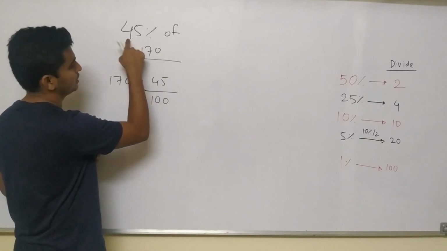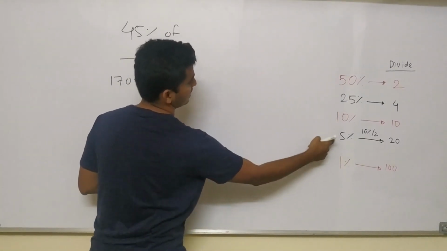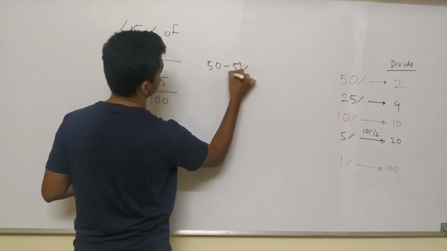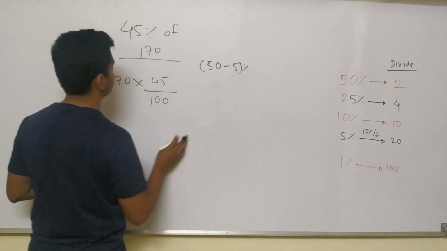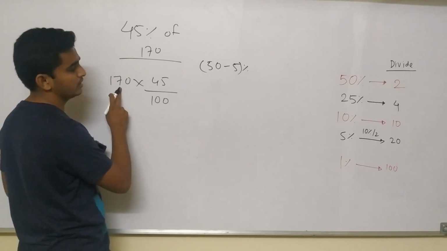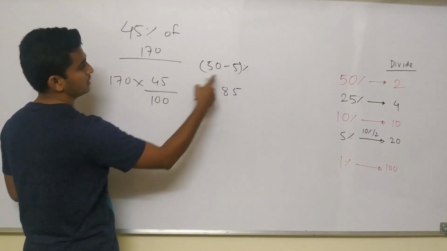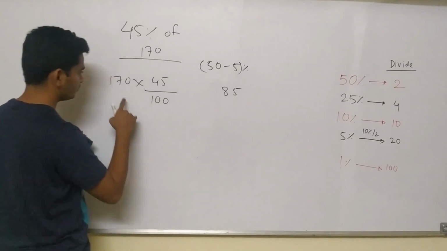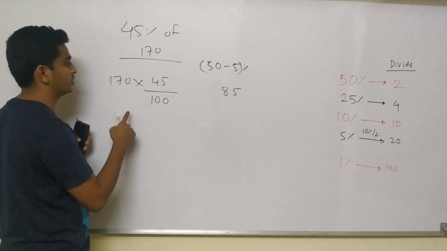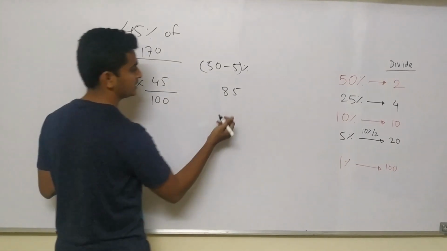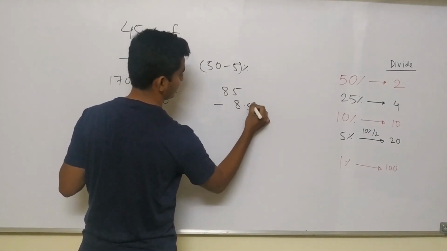Instead, we'll take it as 50% minus 5%, which is still the same as 45%. So 50% of 170 is 85 because you divided it by 2, and then 5% is basically 10% divided by 2. So 10% is 17 and you divide it by 2, which is 8.5.